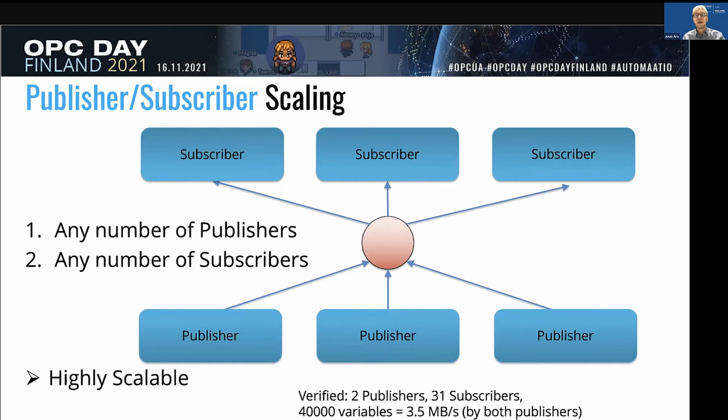They're sending 40,000 complex variables to the network from 2 publishers, both of them 3.5 megabytes per second. They managed to establish this scenario only with the publisher subscriber model. They were struggling with the client server model with this amount of data.